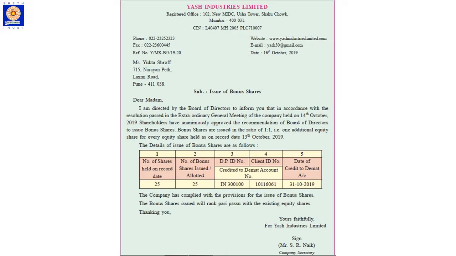We'll see the Demat and depository part in detail in further chapters. Then we also have a column that is date of credit to Demat account, 31st October 2019. Now it is a future date, that on this date your Demat account will be credited by 25 shares.